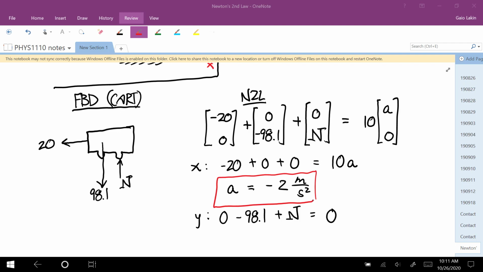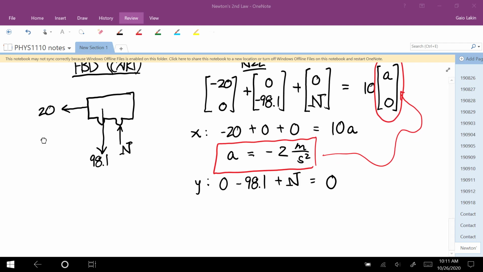To get the components, just take this value for a and plug it into our acceleration vector. That circled vector is our acceleration vector. We just didn't know what a was yet. And so the acceleration of the cart is equal to negative 2, 0.